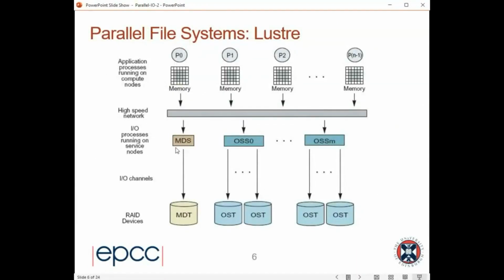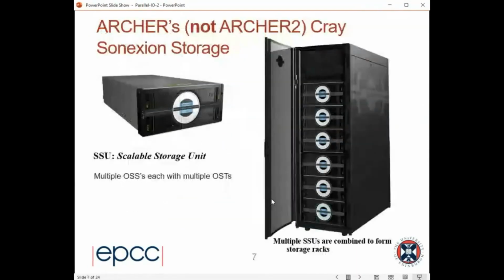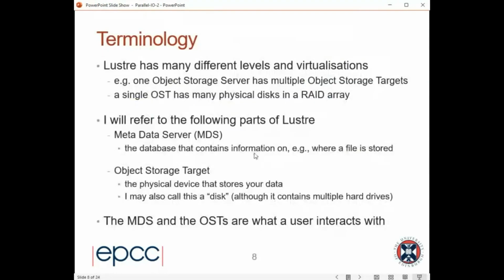But as I said, I think the important concept is the metadata server and the object storage targets. So terminology, I said Lustre has these many different levels of virtualization, but one object storage server can have multiple object storage targets. An object storage server is effectively a computer with its own operating system, but it can control multiple disks.